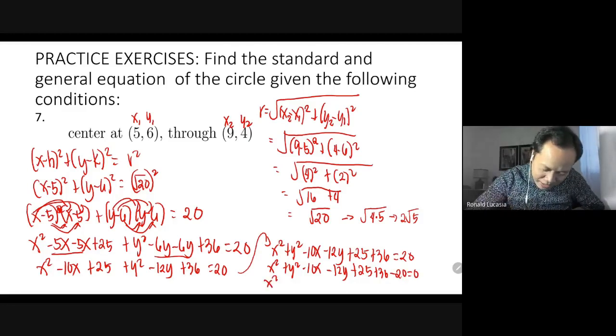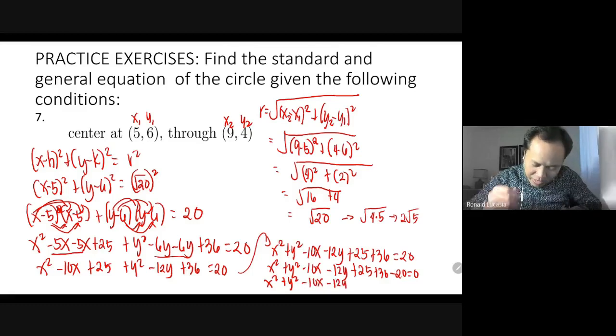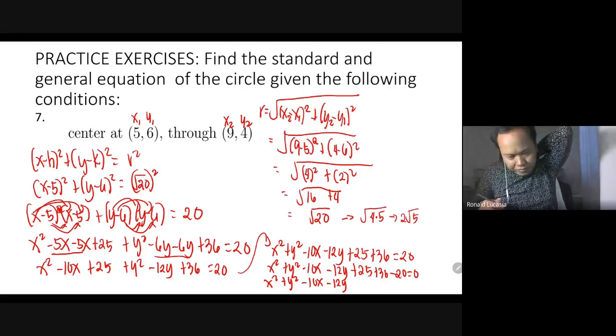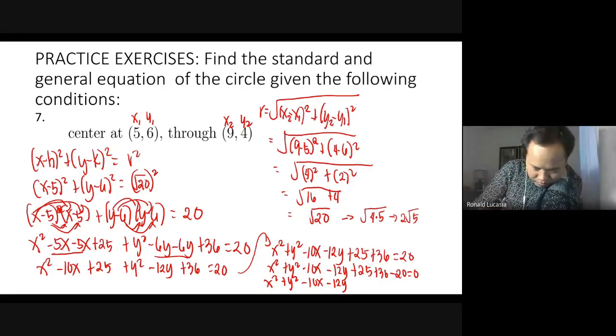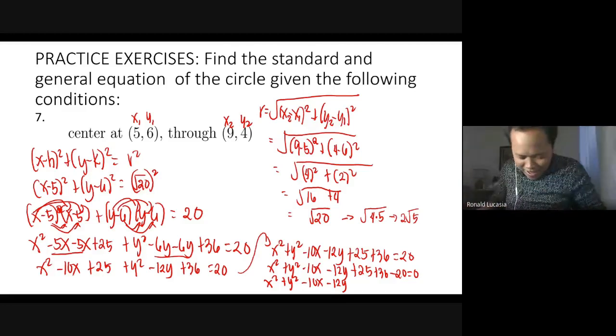So that will give us x squared plus y squared minus 10x minus 12y plus 25 plus 36, that is 61, correct? 61 minus 20, what's the answer? 41. Am I correct? Tama ba? Yung manual. 25 plus 36 minus 20. Yeah, 81. Ay, no. 41. Tama.